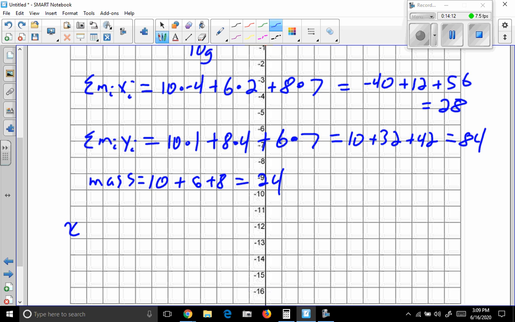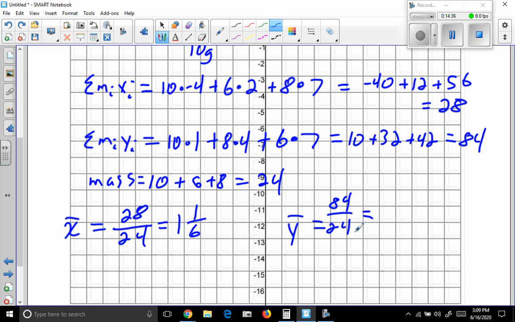So our x bar, the x component of the center of mass, is 28 over the total mass, and the y component is 84 over the total mass. So that's 1 and 4/24, 1 and 1/6.